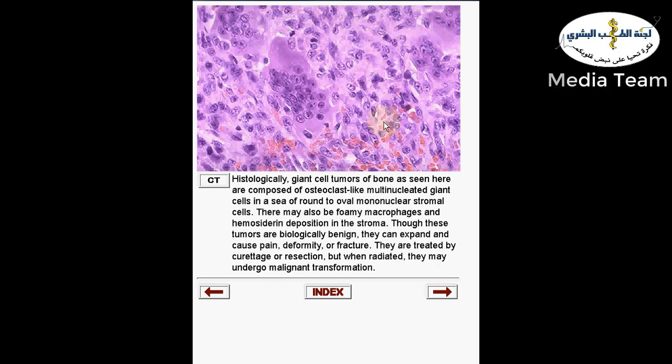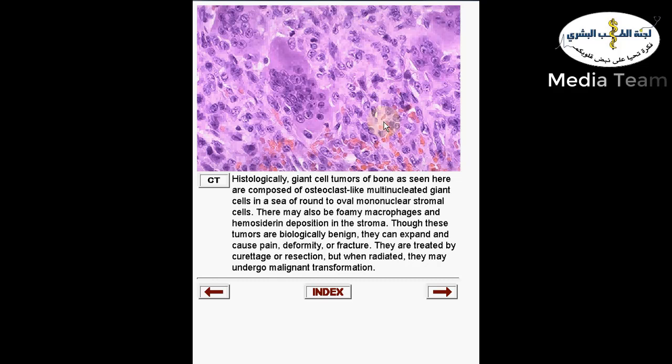In old hemorrhage, it will appear as hemosiderin pigment inside the macrophages in these lesions. Usually they are benign tumors. The giant cell tumors are benign, but the problem is that they are locally destructive.